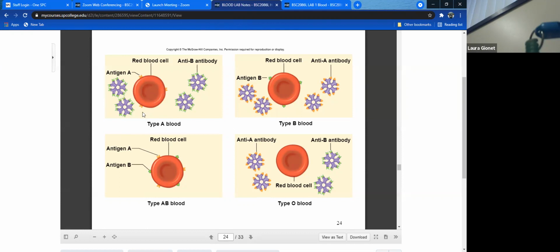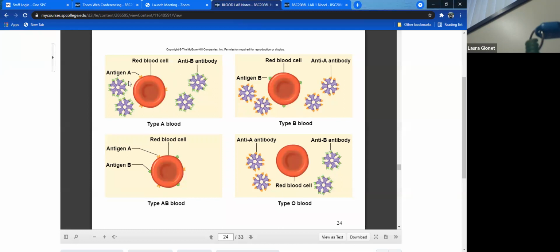We're going to use that as an example of what an A antigen looks like. That's the shape. So if we have A antigen on a red blood cell surface, we call that blood type A. And when we have A antigens on our cell surfaces, we will not automatically make any antibodies to those, but we will make antibodies to the opposite, and that will be B antibodies.